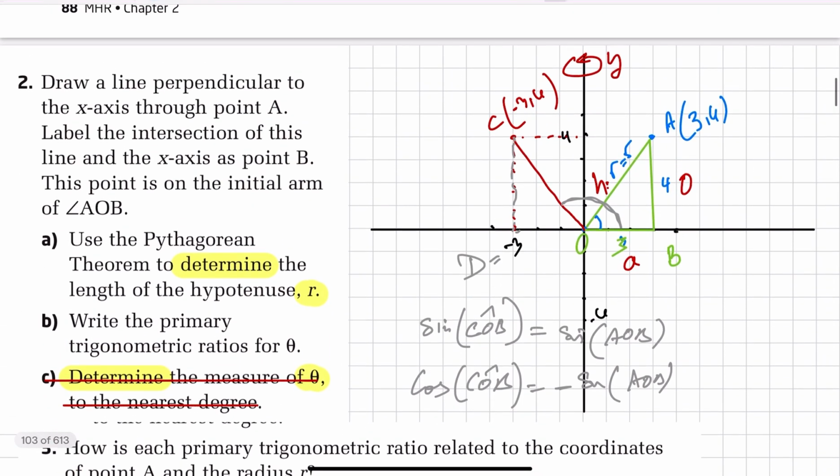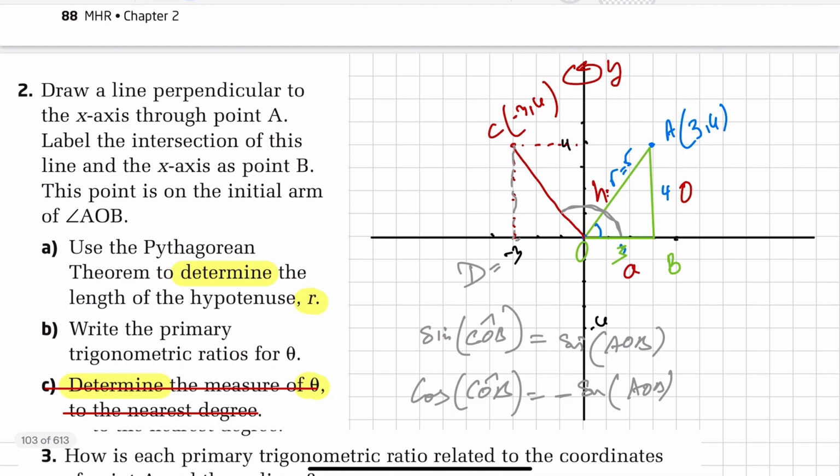So as you can see here, we just do some interpretation. The sine of my angle here, the one which is bigger than 90 degrees, has the same sine as its reference angle, but it has the opposite cosine of its reference angle.